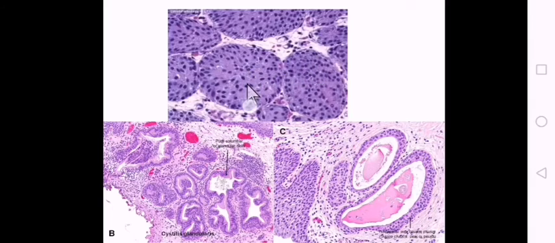With time, sometimes the cells in the center undergo metaplastic change, تتحول إلى columnar or cuboidal cells. This is called cystitis glandularis.